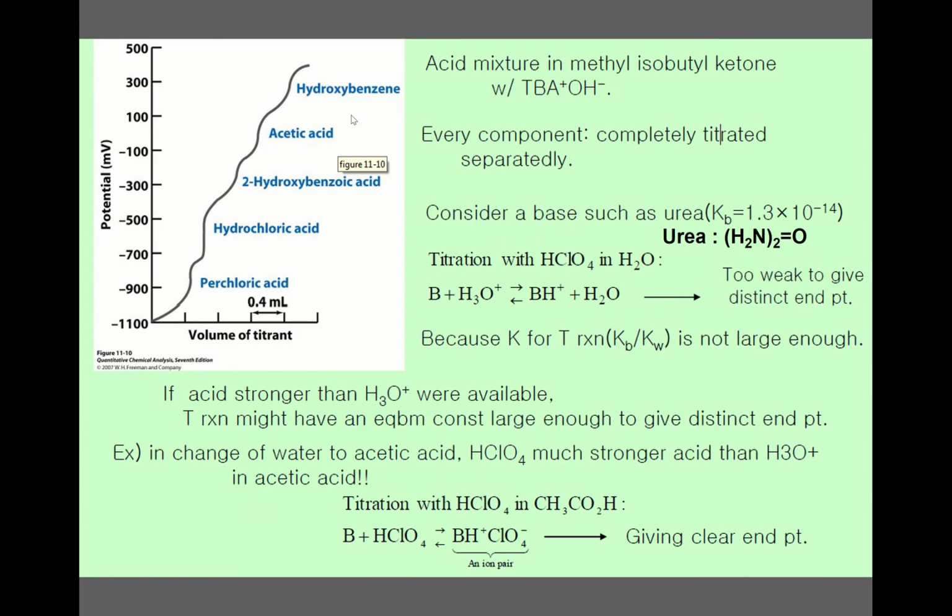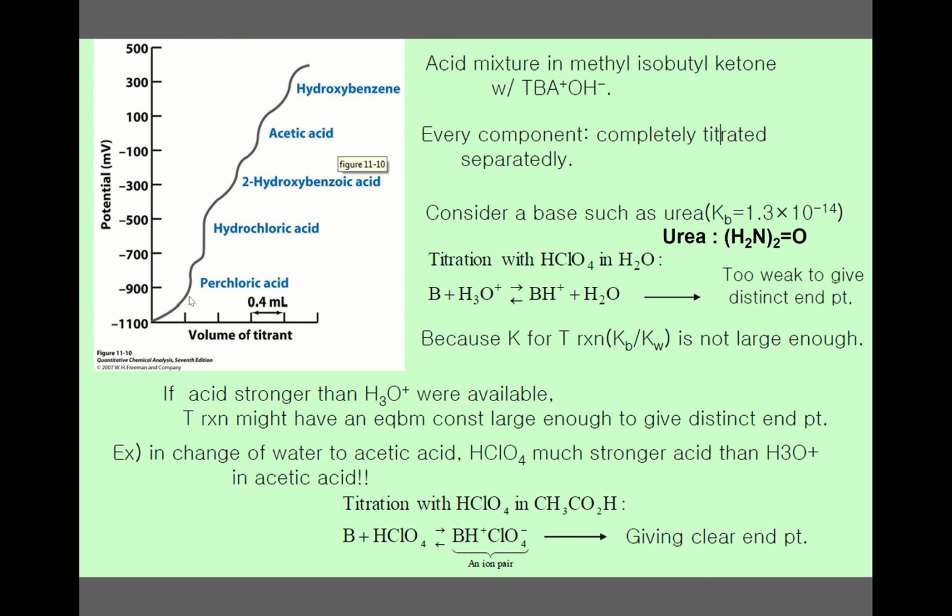This shows, I think, a mixture in methyl isobutyl ketone, with five different species being titrated. The y-axis in this case is potential, because virtually the protons are not many.